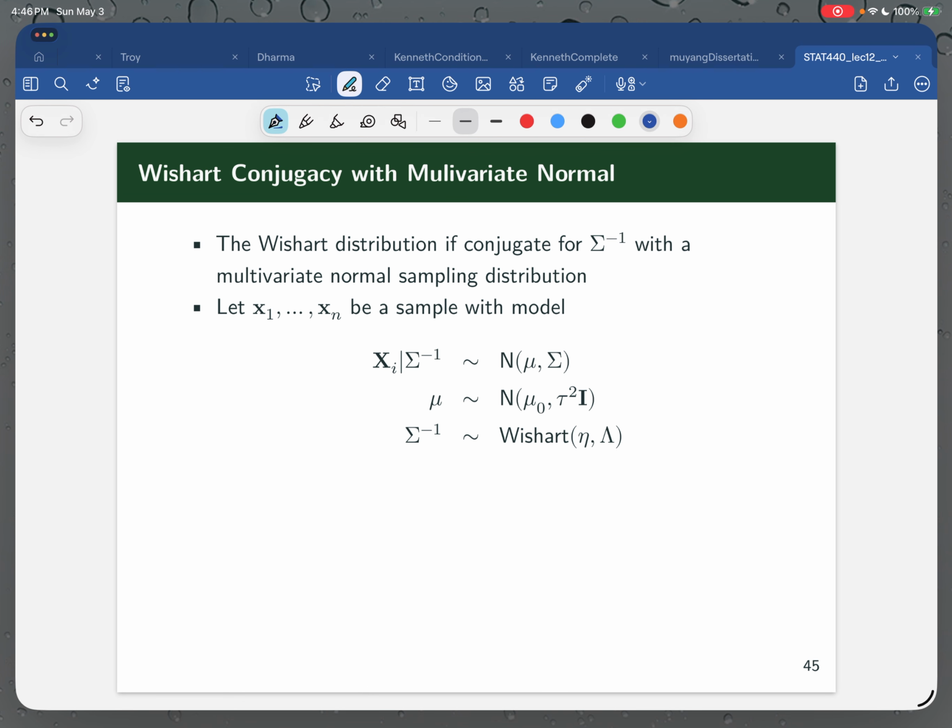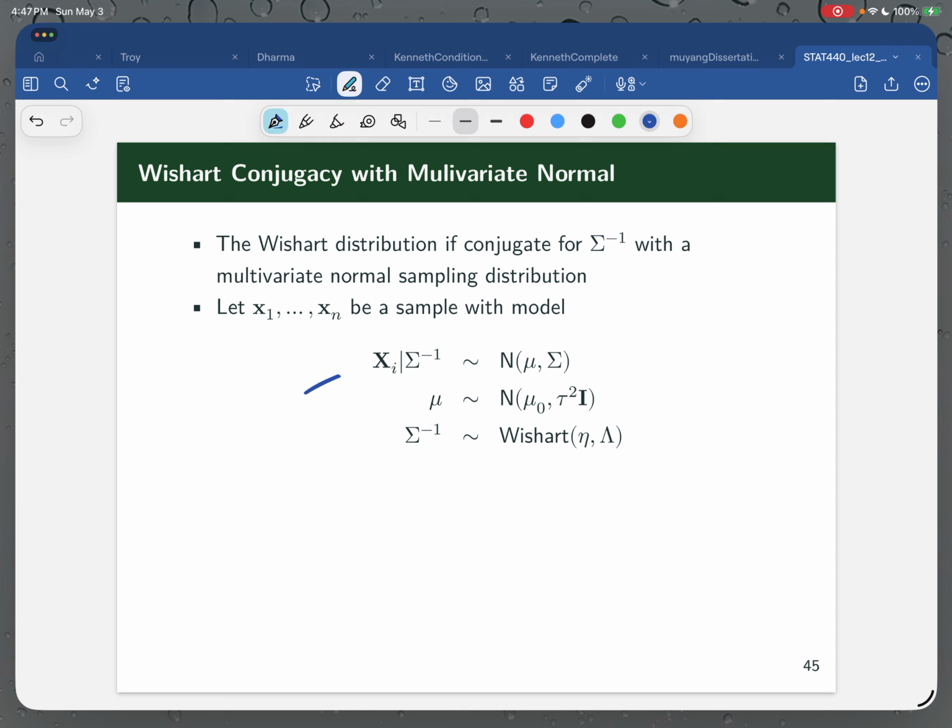Okay, so as a previous slide said, the Wishart is conjugate if we have a multivariate normal sampling distribution. This is our multivariate normal hierarchical model.